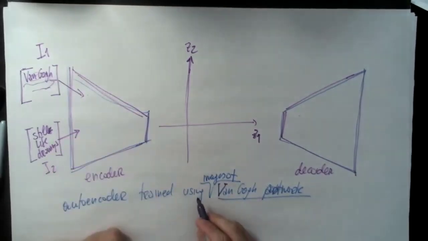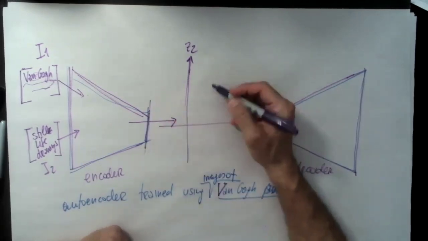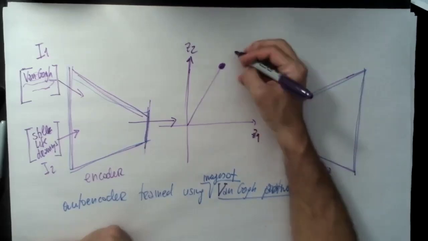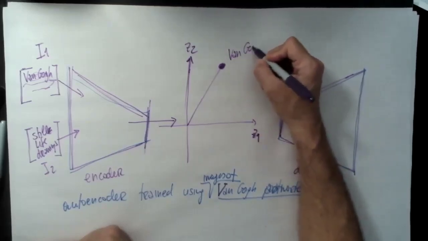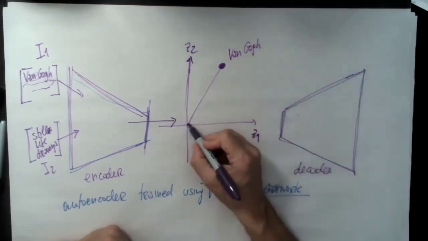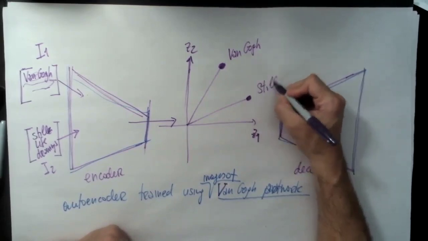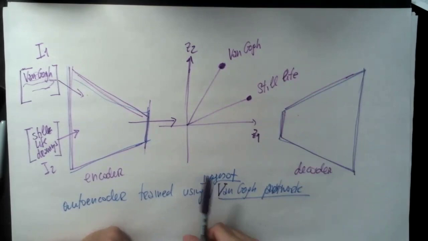We pass it through the autoencoder, which spits out one point here, which is going to be the Van Gogh image. And maybe this other point here is going to be the still life. Okay?